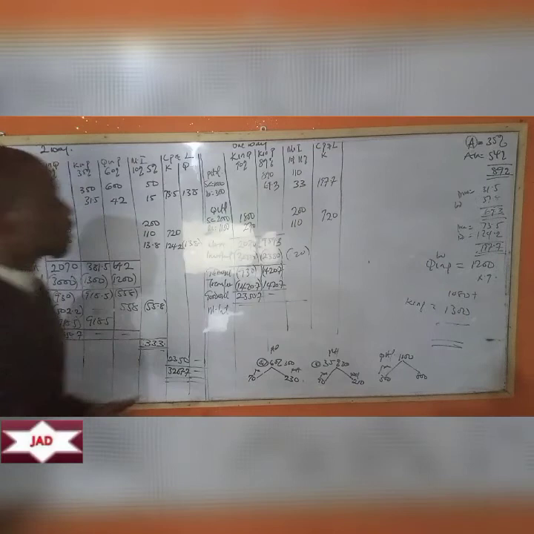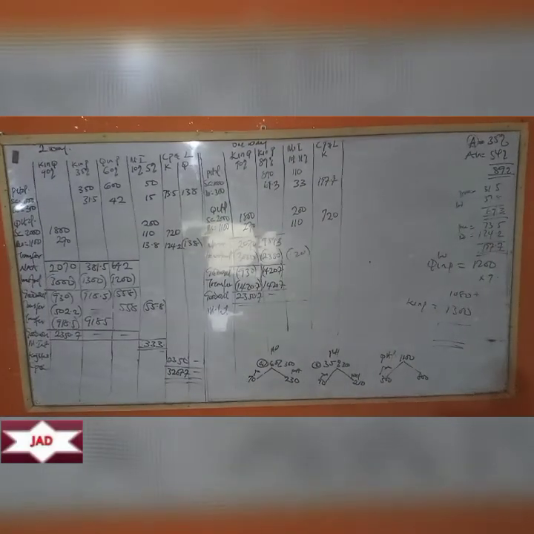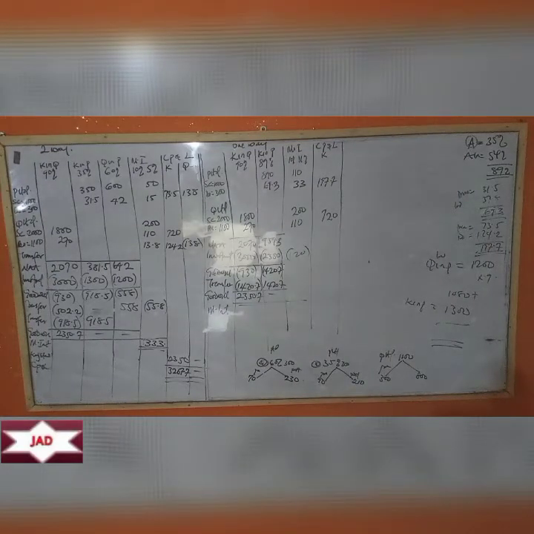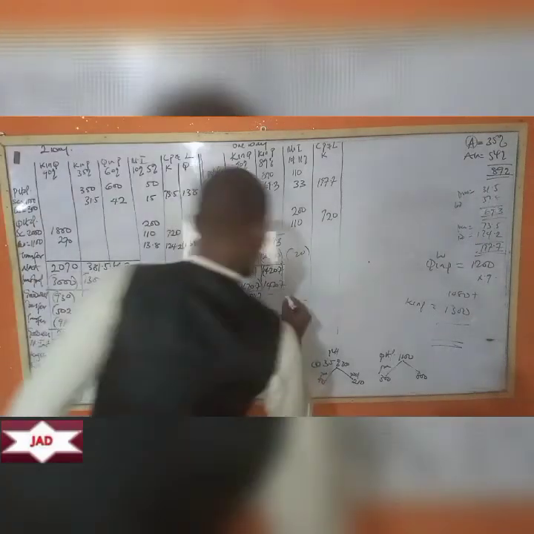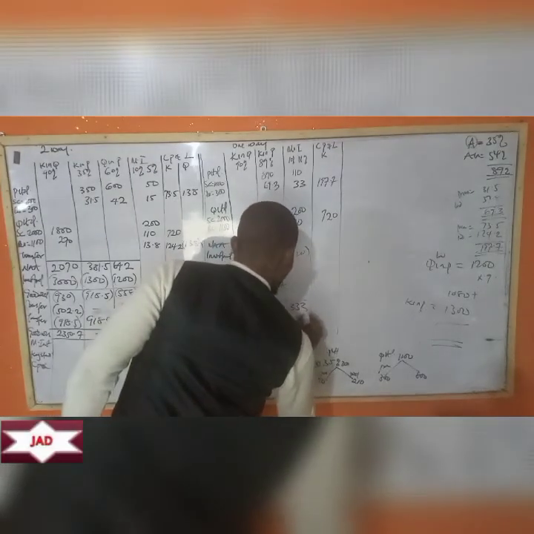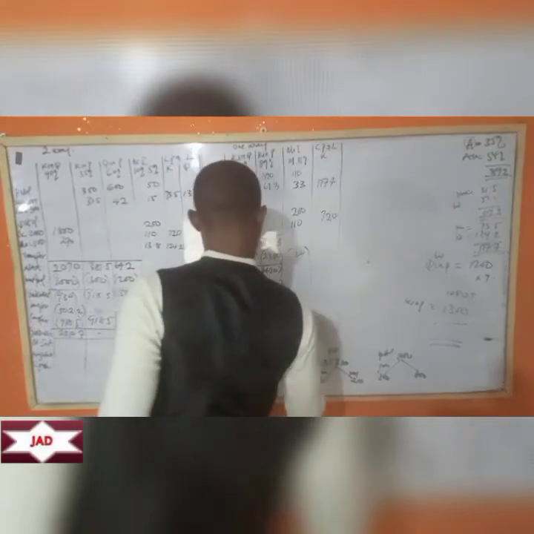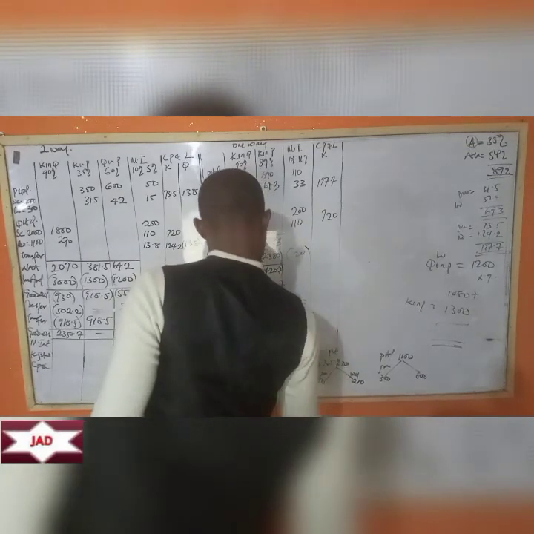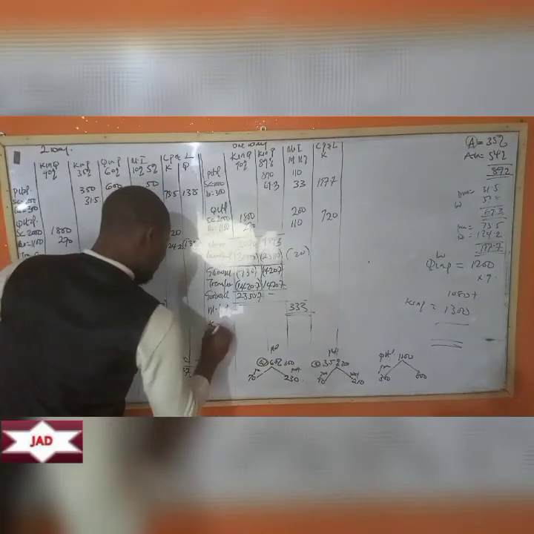I'll add up all this here. 110 plus 33 plus 200 plus 110 minus 120 is 333. So you can see how we have here. So there we go. King's Reserve.